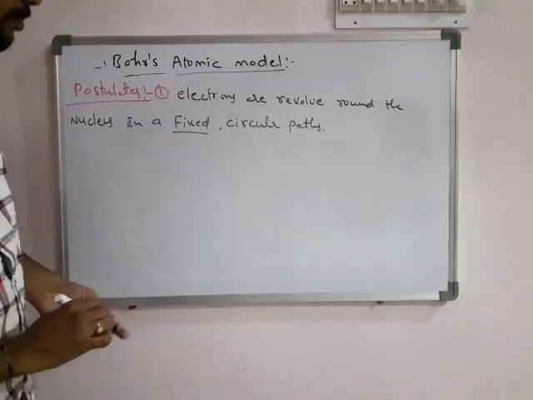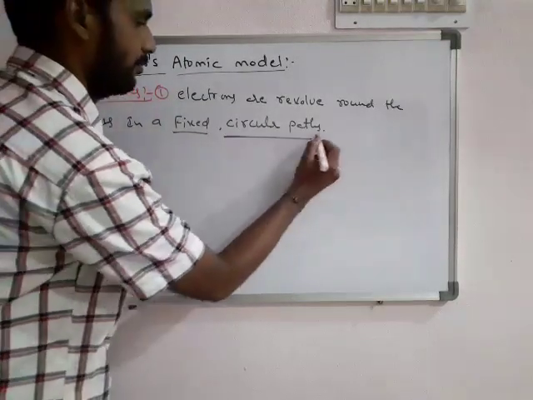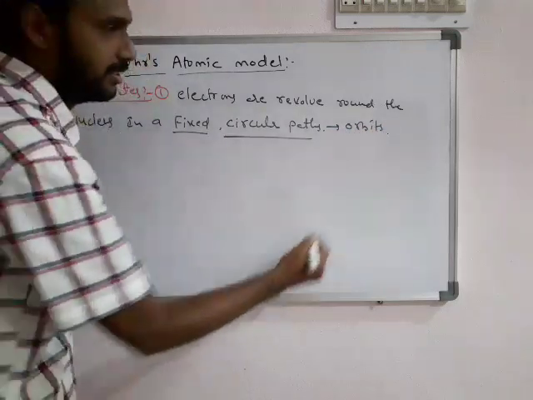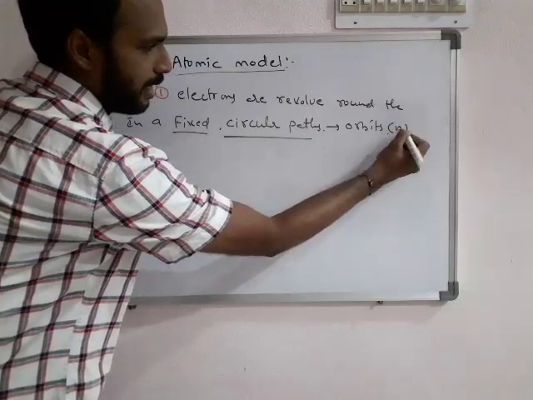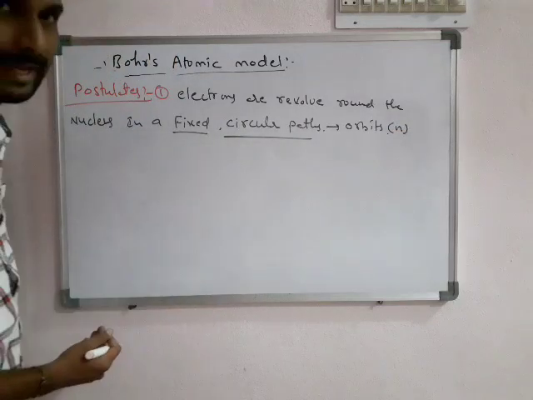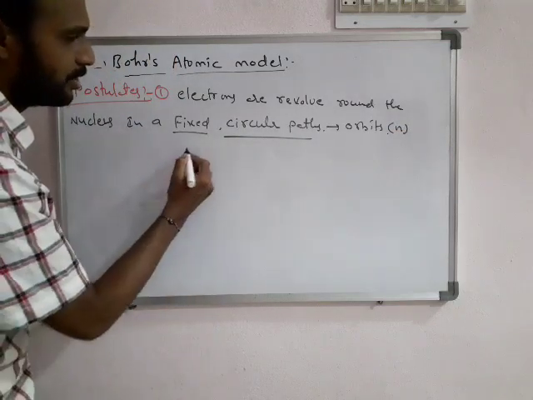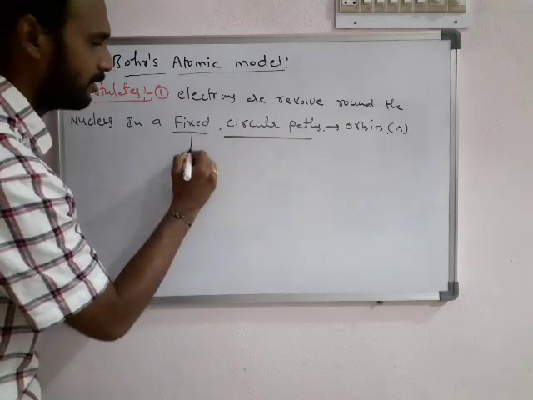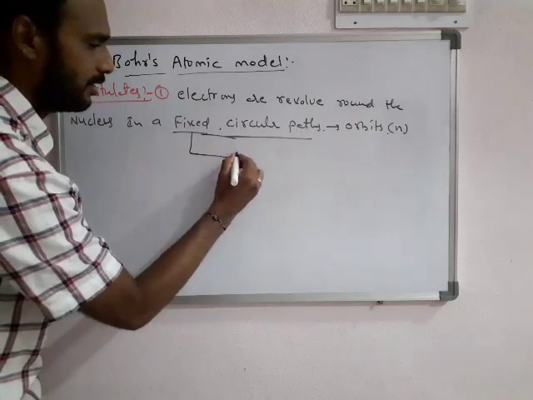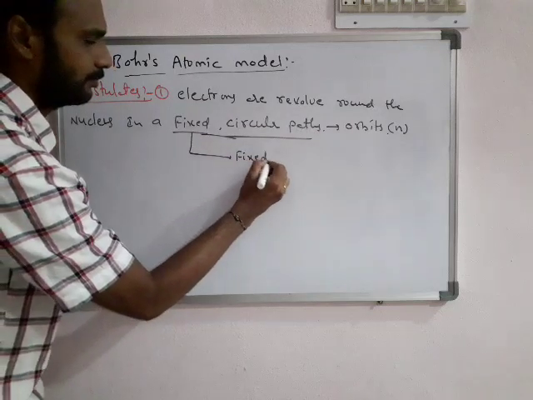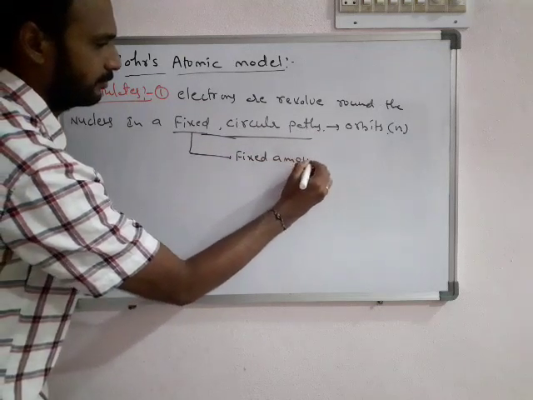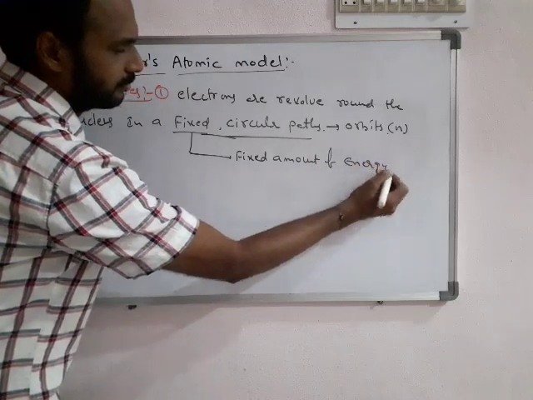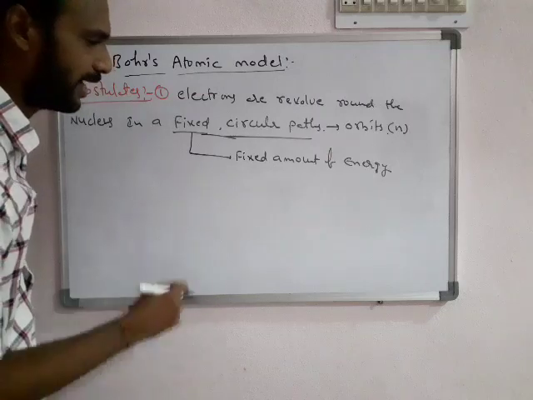These fixed circular paths are treated as orbits, denoted with the principal quantum number n, just the letter n. These orbits have a fixed, definite amount of energy.